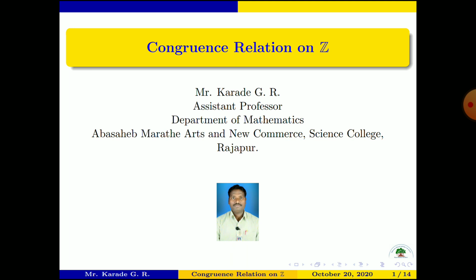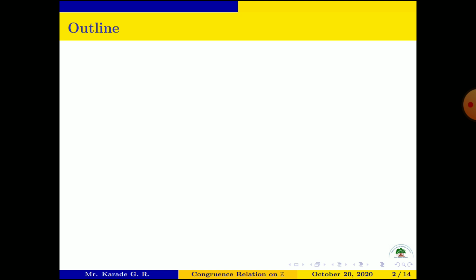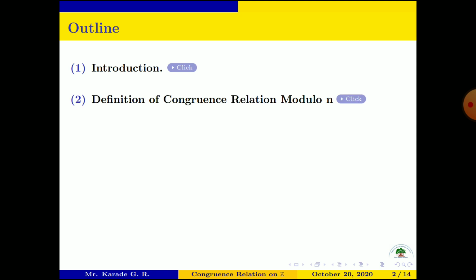In this lecture we learn about congruence relation on Z. Okay, and we discuss about the points. The outline of our lecture is: first of all we see some introductory part, introduction. Secondly, we see the definition of congruence relation modulo n.